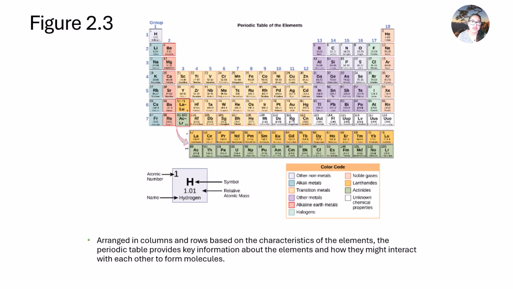When you think about the periodic table of elements that you've probably seen in classrooms or in the media, this is a representation of all the different elements, and it's organized very specifically to describe the way that they are able to interact with each other.